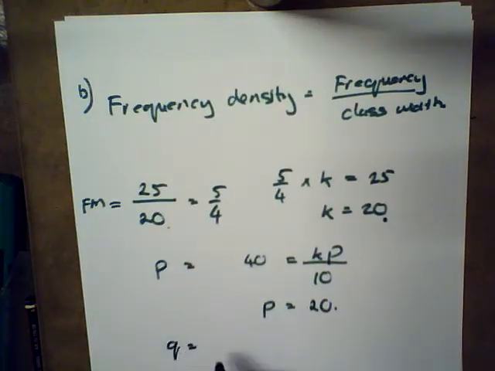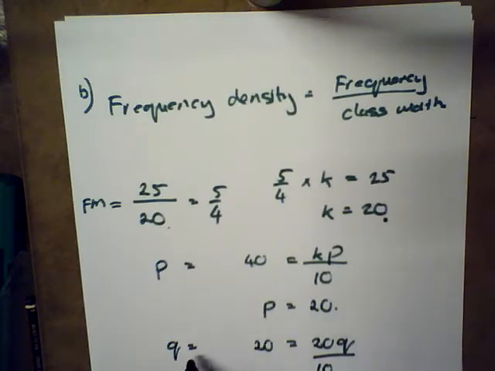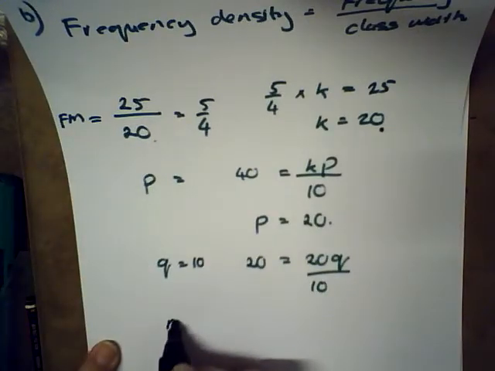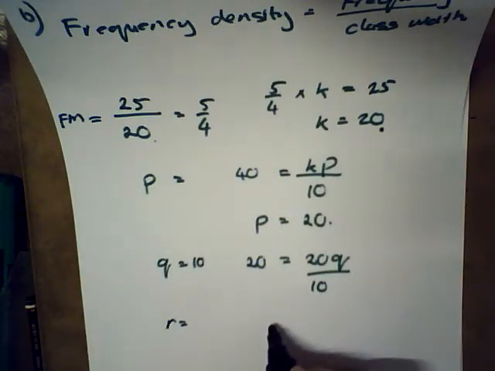Q is going to be 20 equals 20q over 10. The class width is 10. So the value of q, if I work it out, would be 10. And let's do the same thing for r. R would be a frequency that we are not quite sure of.